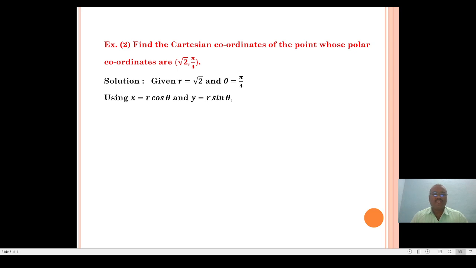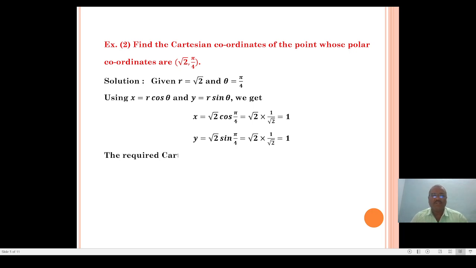Using x equals r cos theta and y equals r sin theta, we get x equals root 2 cos pi by 4, root 2 into 1 by root 2 equals 1, root 2 cancels. Same for y equals root 2 sin of pi by 4, so root 2 into 1 by root 2 equals 1, and therefore the required Cartesian coordinates are (1, 1).